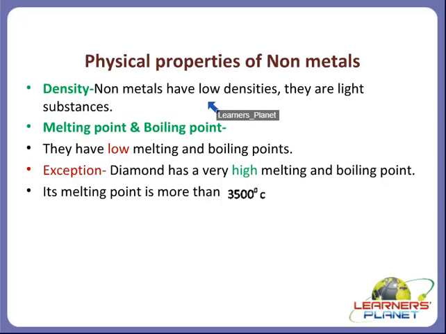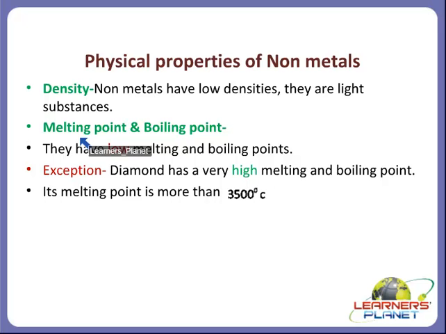Non-metals have low densities, that is, they are light substances. Density is the ratio of mass to volume. So light substances means a very small amount of mass is present in a huge volume.